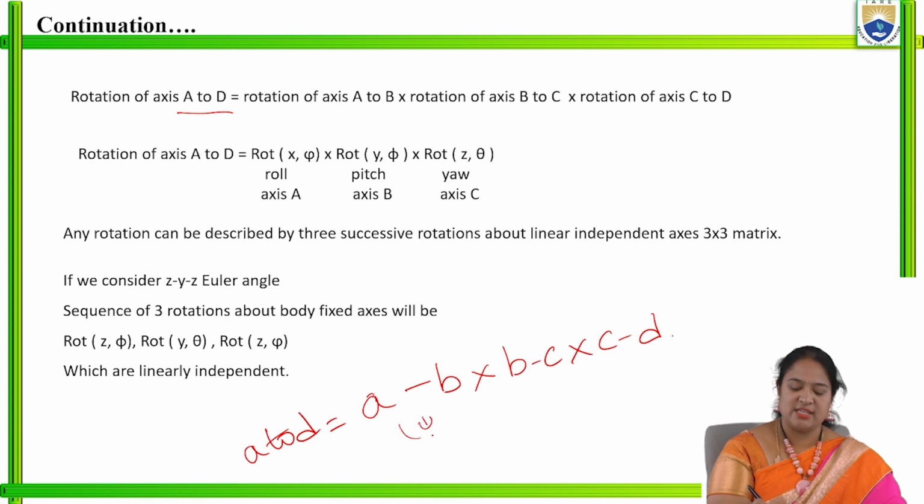From A to B, it is an angle of psi. From B to C, it is an angle of phi. And from C to D, it is an angle of theta.